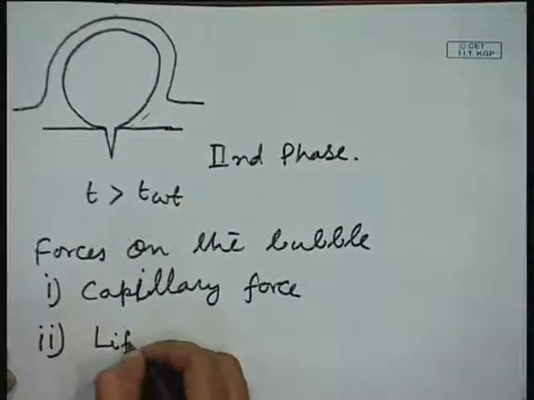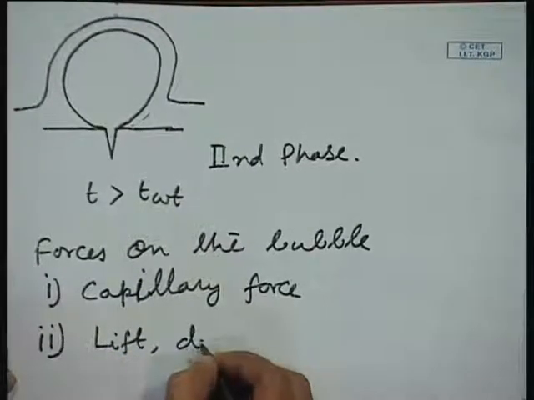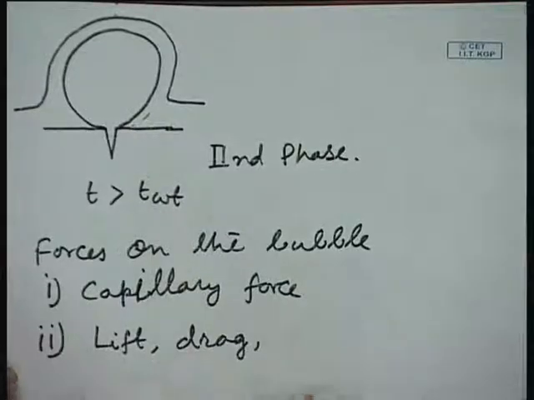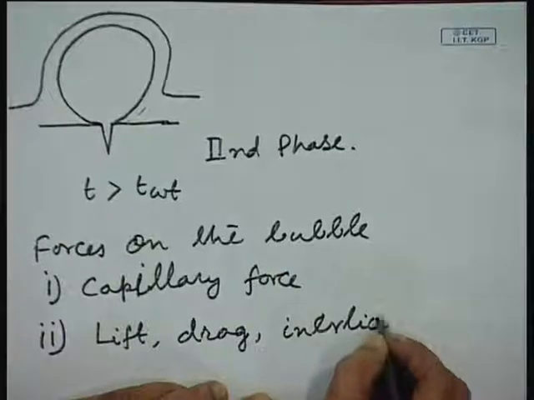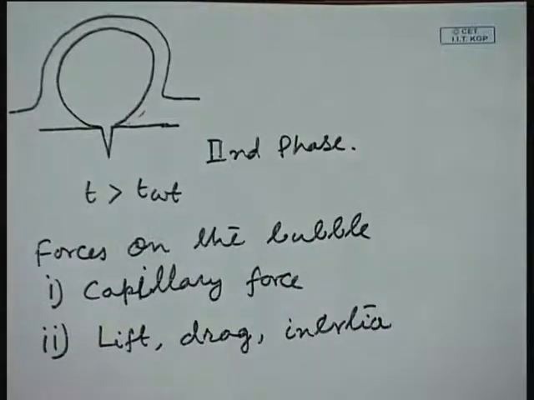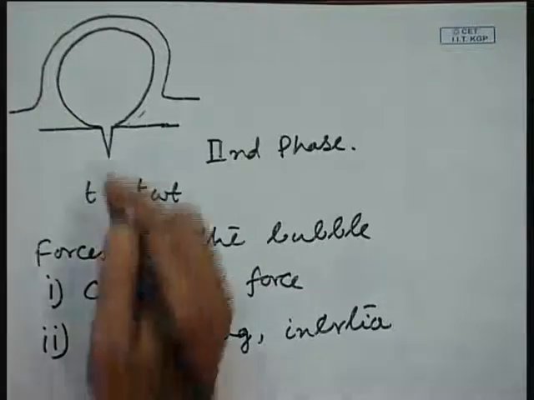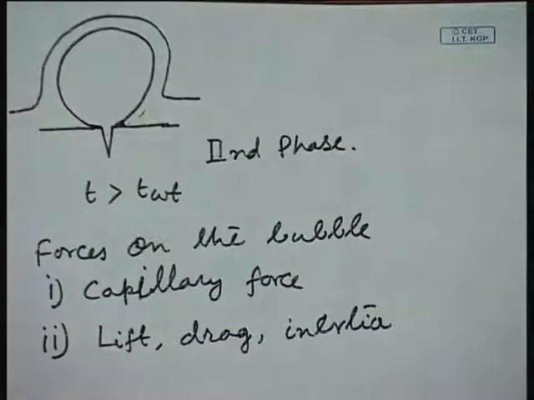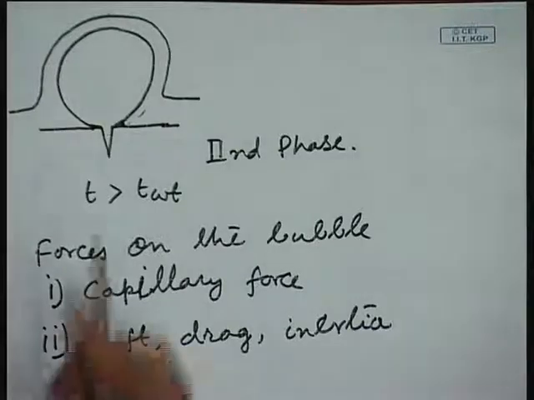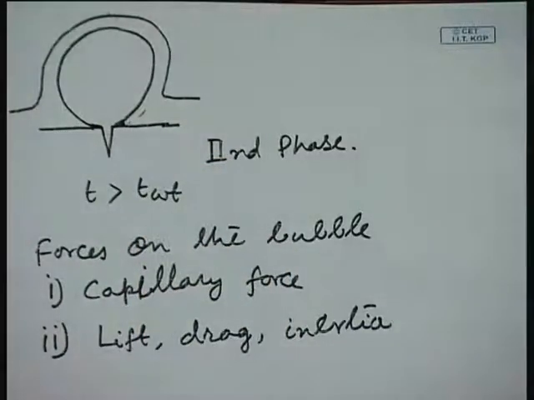There could be lift, there could be drag, there could be inertia. So, generally what happens is that the capillary force tries to attach or keep the bubble fixed to the surface. Capillary force acts over here and tries to fix the bubble along with the surface, and the other forces generally try to push the bubble away from the surface.